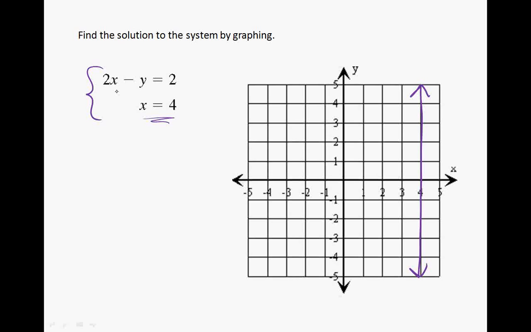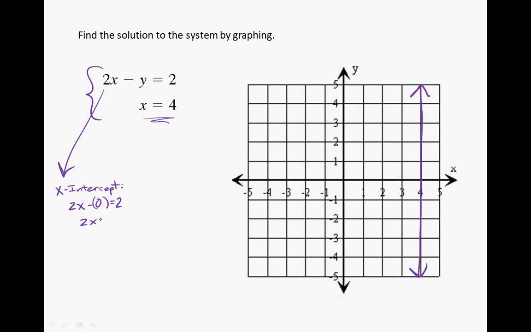The second equation, 2x minus y equals 2, is written in standard form, and I'm going to try and graph this with the x and y intercept method. I'll kind of put my work over here. All right, the x-intercept. To find the x-intercept, I'm going to put in 0 for y and solve.